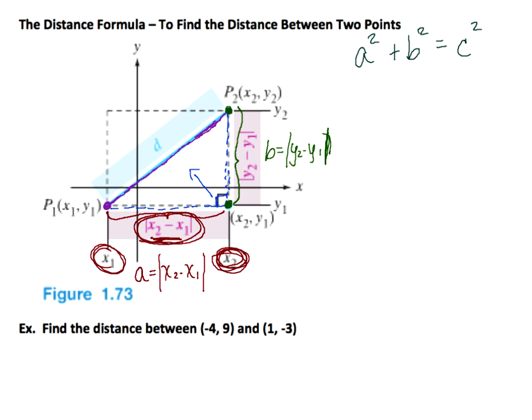So my length A is that horizontal difference there. So I could substitute in for A x2 minus x1, and then I'm going to square that. Now, I dropped the absolute value signs because squaring it is going to get rid of that negative. So I don't really have to worry about using the absolute value signs.